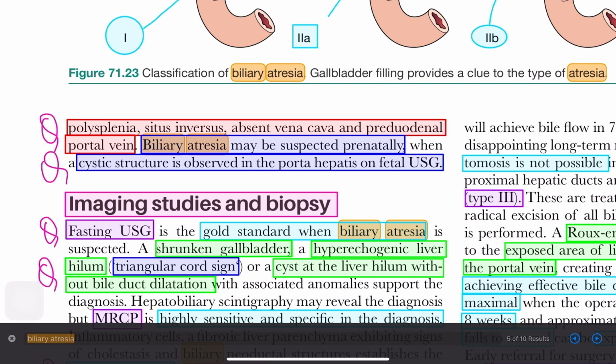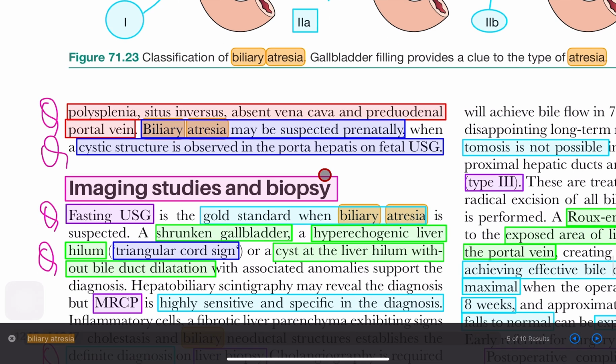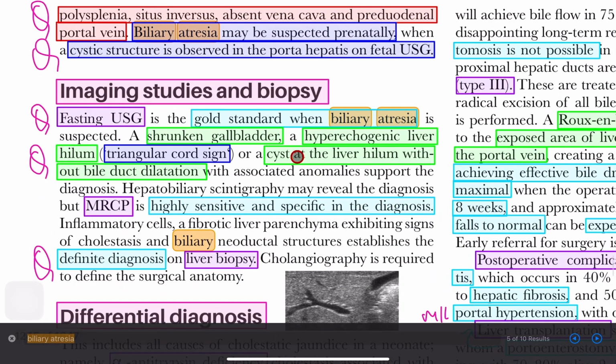Biliary atresia may be suspected antenatally when a cystic structure is observed in the porta hepatis on fetal USG. This can be just a one-liner. The word polysplenia is important, and pre-duodenal portal vein is also an important line.